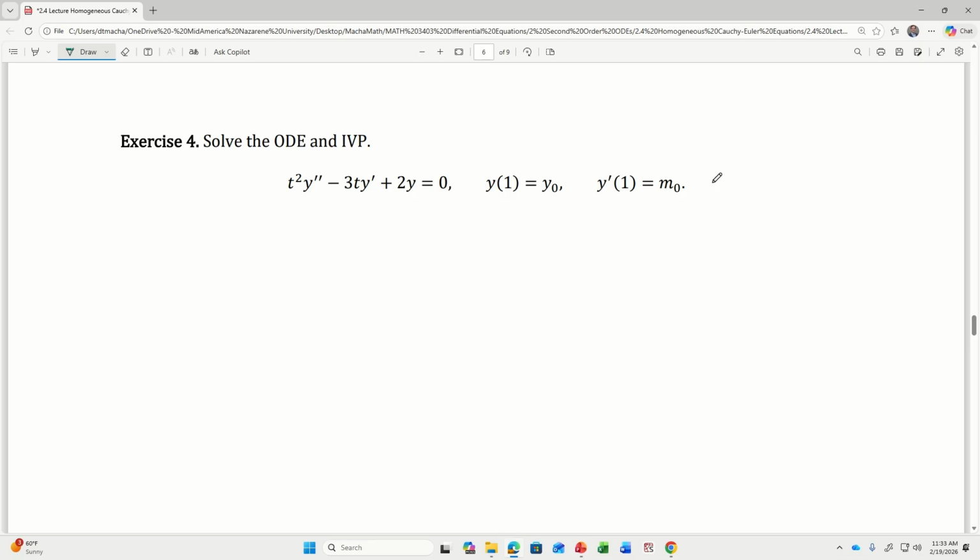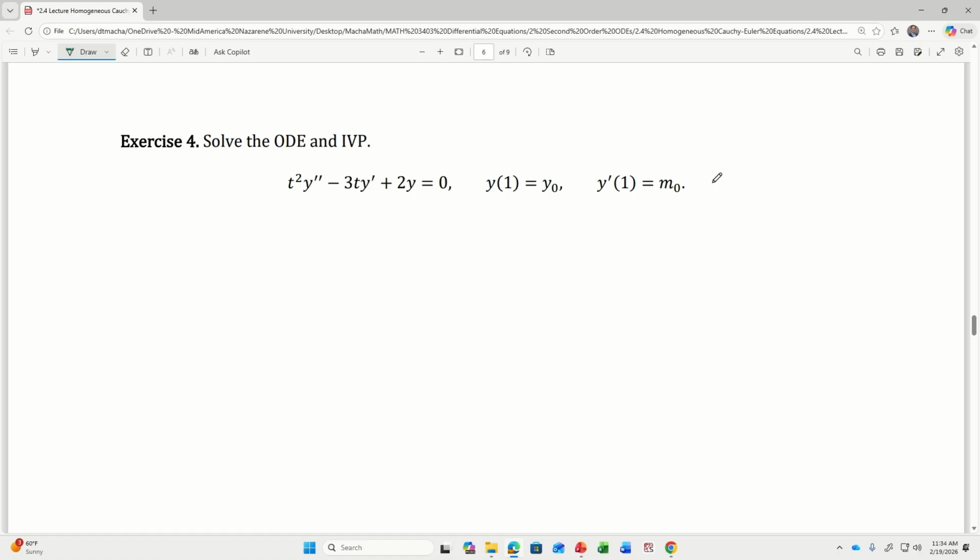But at least between the constant coefficients and the Cauchy-Euler equations, we've seen solutions that involve polynomials and exponents and logarithms and some trig functions, sine and cosine. But it's a zoo out there. There's way too many possibilities to talk about in one differential equations class.